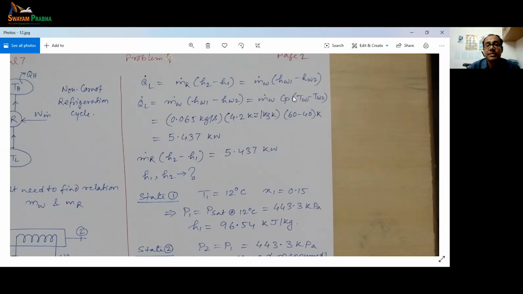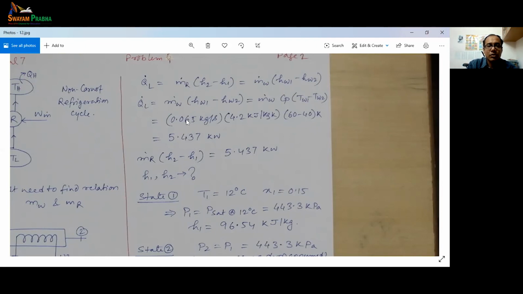If there is a phase change, then you have to look up the saturated vapor table, even the superheated vapor table if needed, and find the enthalpy of W at states W1 and W2. But here there is no phase change, so we just took the specific heat of water and multiplied it by the difference in temperature.